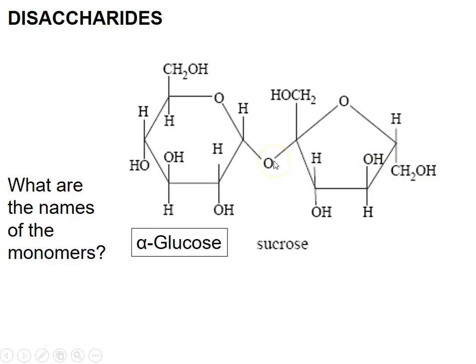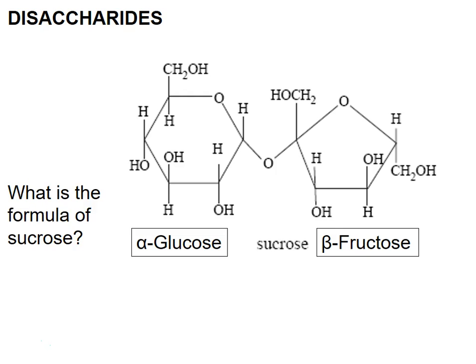So see how the OH is down and this is down, both on the same side, like sisters, like the cis, B sisters, so this is B fructose. I don't know how much you have to identify this and this, but you would need to identify that this is a glucose from that, not a galactose, and this is a fructose. So if you can do glucose and fructose, then that's probably enough.